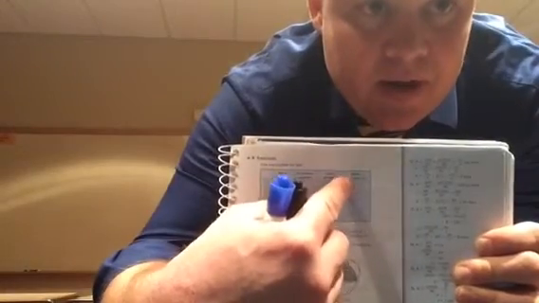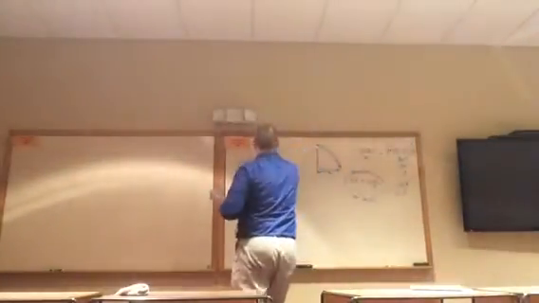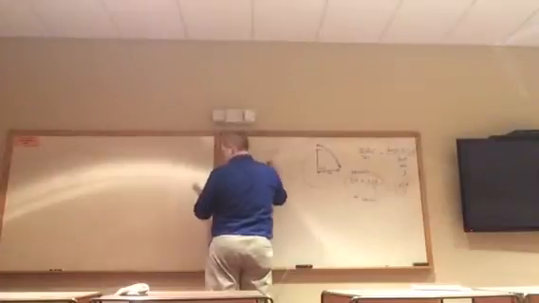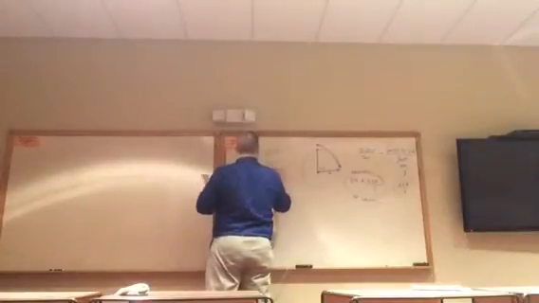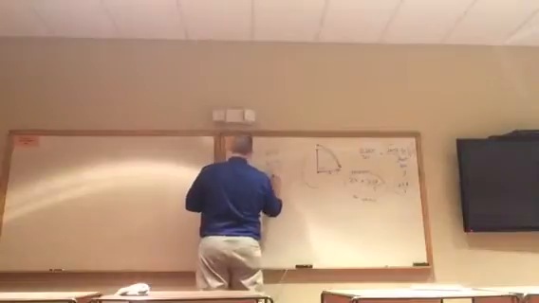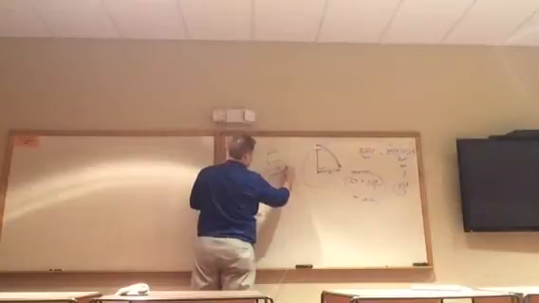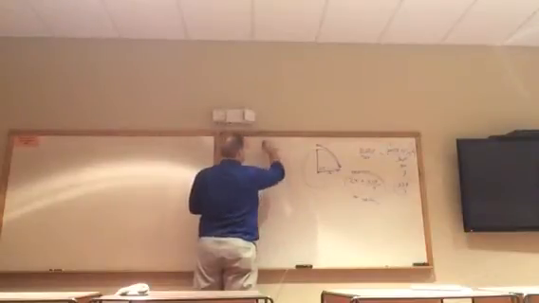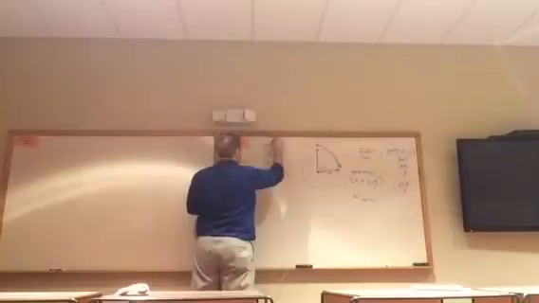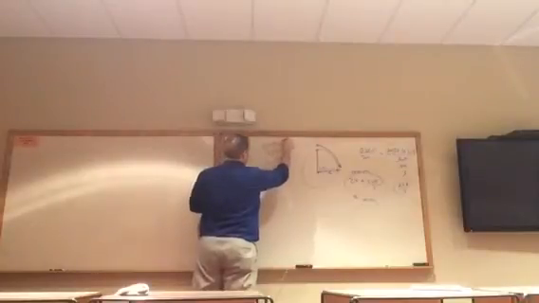All I want you to do for numbers 11 through 18 is that very last column, the perimeter. So your homework, page 402, 6 through 10, and 11 through 18, and it's just the perimeter problems. This is Monday's homework.